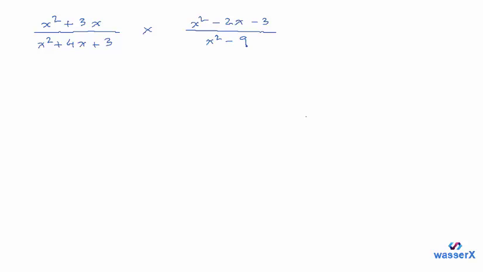Let's say you want to multiply two algebraic fractions: on this one we have x squared plus 3x on the top, and on the bottom we have x squared plus 4x plus 3, to be multiplied with x squared minus 2x minus 3 on the top and x squared minus 9 on the bottom.